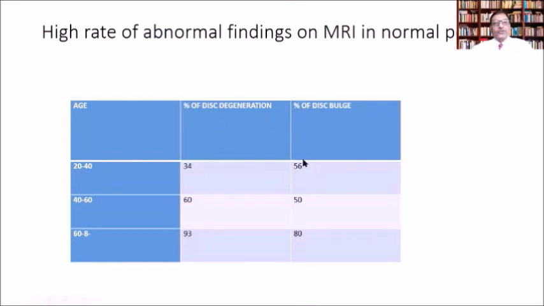At 20 to 40 years, it is 56%. And if you get the MRI done somewhere above 60 years of age, the abnormal finding of disc bulge will be 80%. That may not be pathognomonic of the prolapsed intervertebral disc.